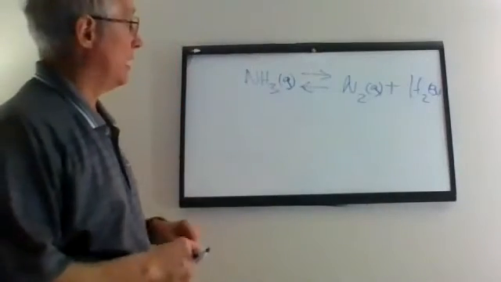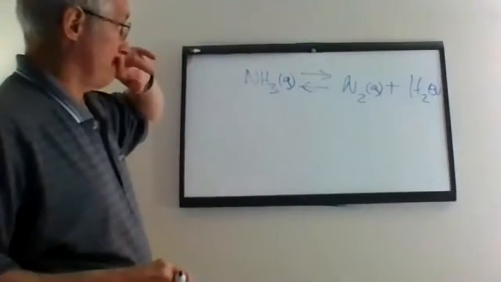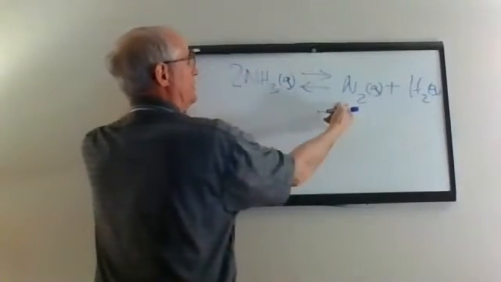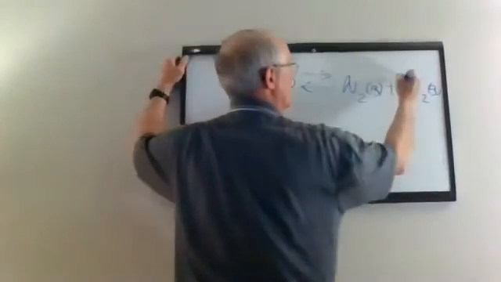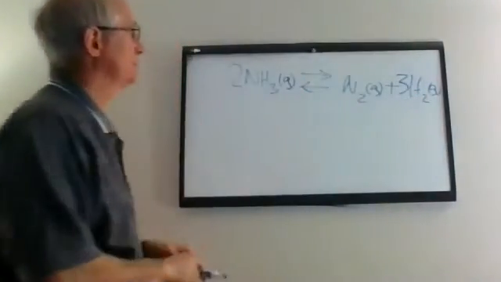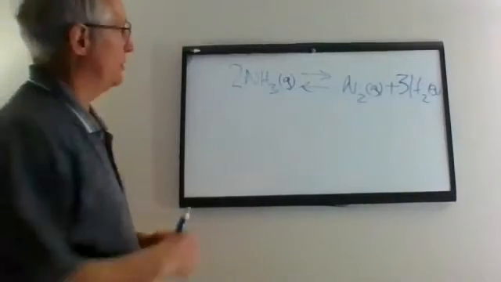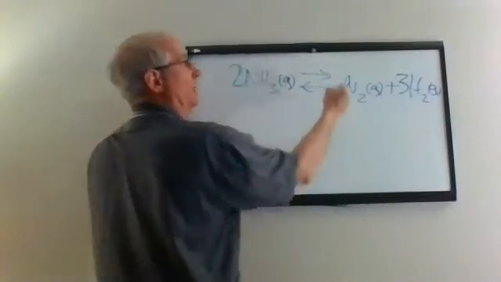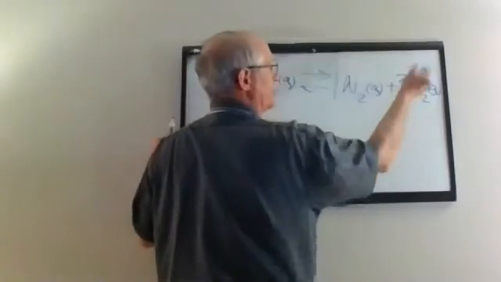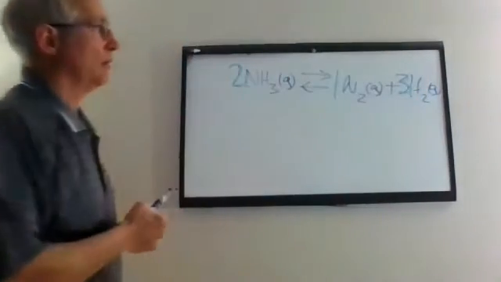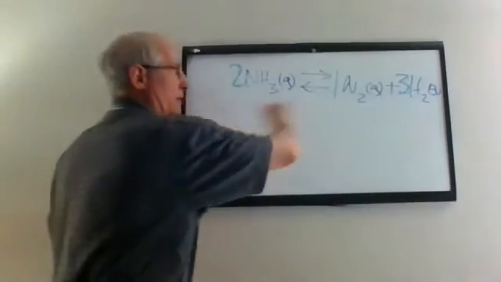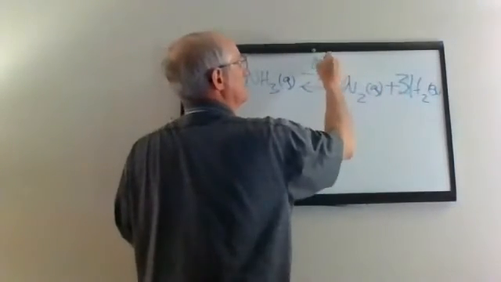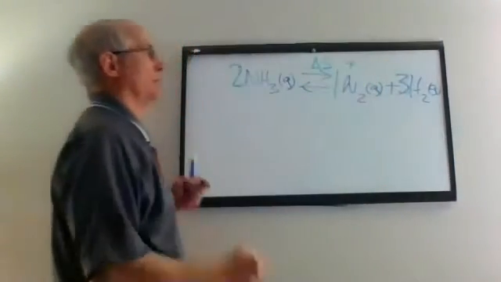Okay, now we got to balance this thing. 2 nitrogens, 2 nitrogens, 6 hydrogens, 6 hydrogens. So do we see 2 moles of gases over here? And do we see 1 plus 3, which is 4 moles of gases over there? That is going toward greater entropy in that way. All that positive.